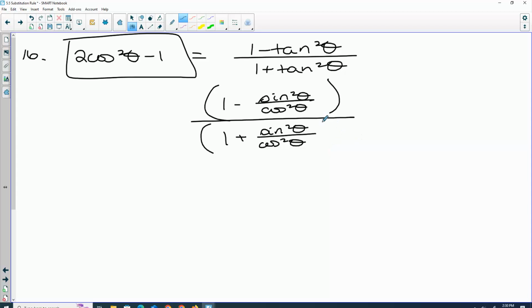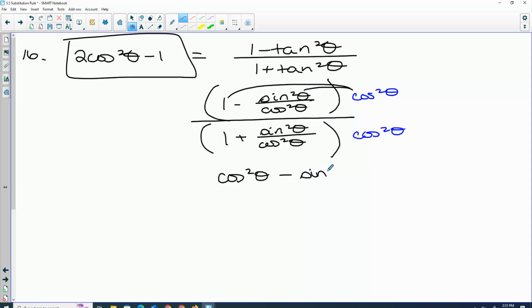The strategy that I have given you before is to multiply by the denominator. So if I take everything times cosine squared theta, distributing, 1 times cosine squared theta is cosine squared theta. What happens when I take that times my sine squared over cosine squared? On the bottom, 1 times cosine squared theta, plus sine squared theta.